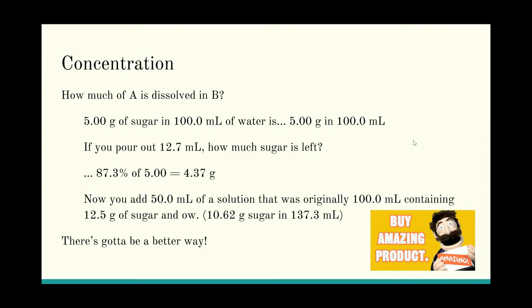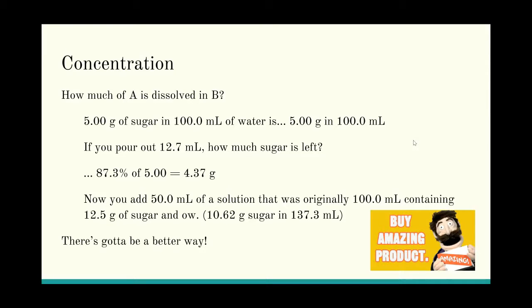For example, if you dissolve 5 grams of sugar in 100 milliliters of water, you have 5 grams of sugar in 100 milliliters of water. Now, if you pour 12.7 milliliters of that sugar water out on the ground, how much sugar do you have left in your glass? Well, 87.3% of 5 grams is 4.37 grams.